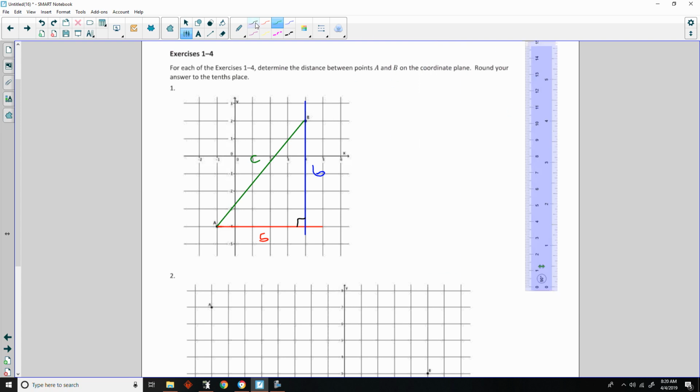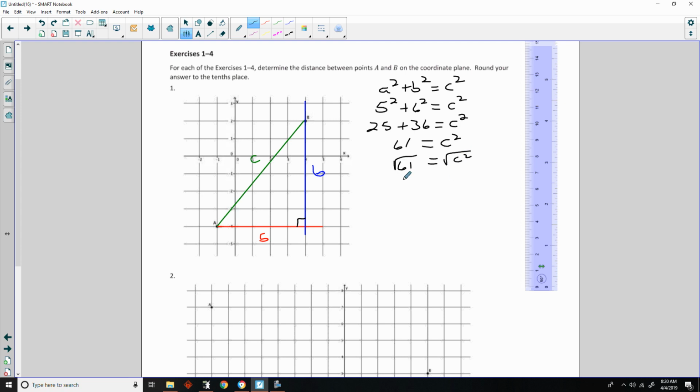So I'm going to write a squared plus b squared equals c squared. 5 squared plus 6 squared equals c squared. 25 plus 36 equals c squared. 61 equals c squared, therefore the square root of 61 equals the square root of c squared, so therefore the square root of 61 equals c.